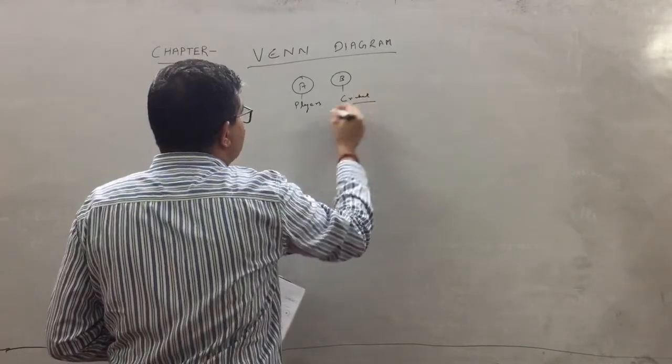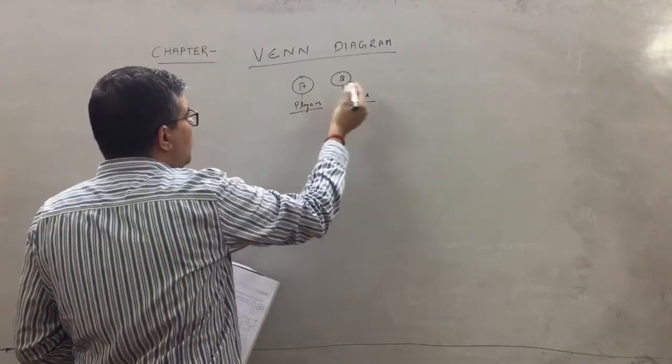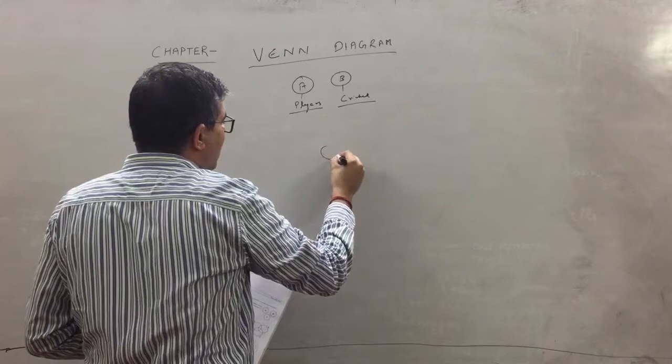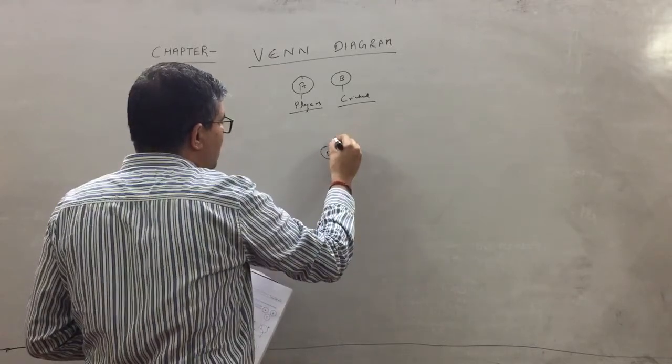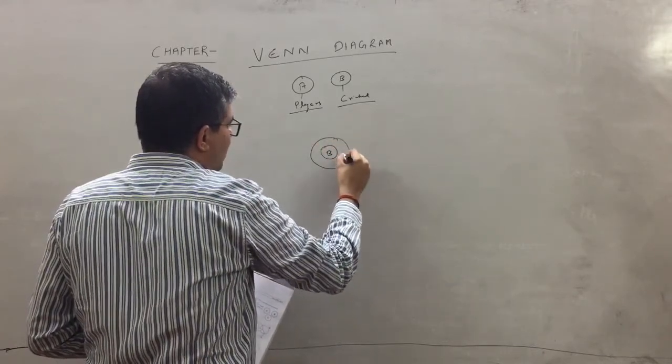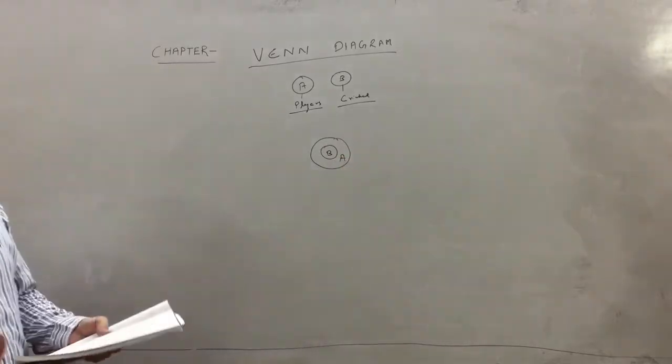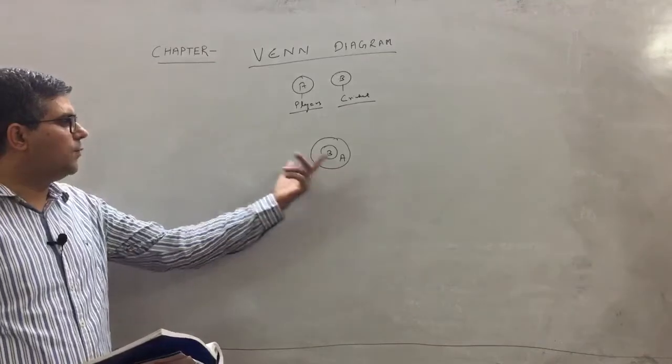This is just the representation of data. All cricket players will come under players, so this is the representation of the Venn diagram.